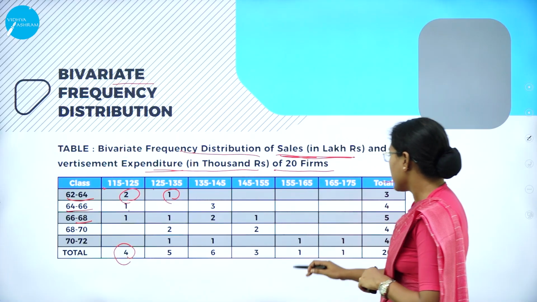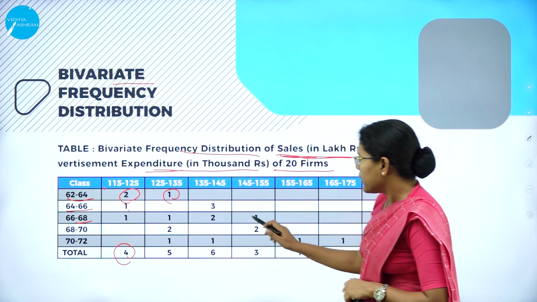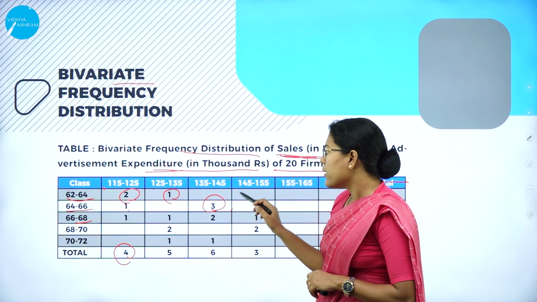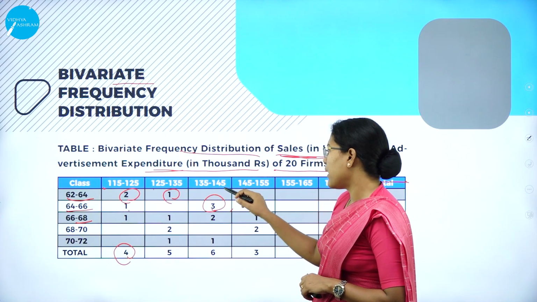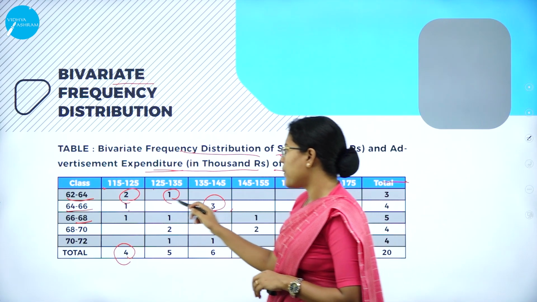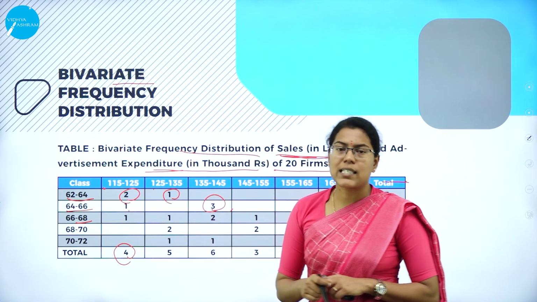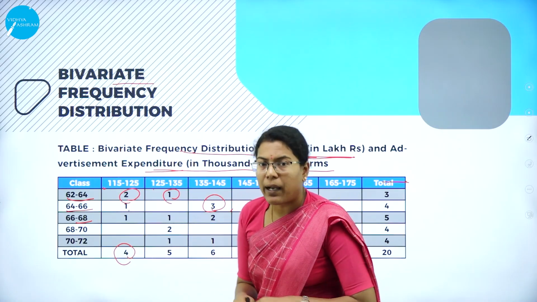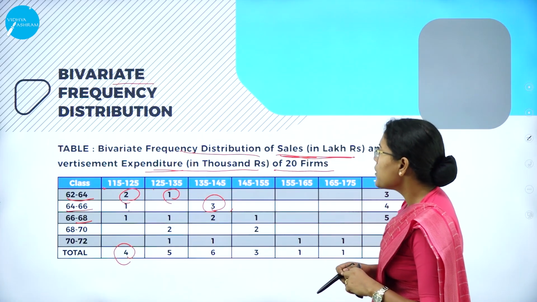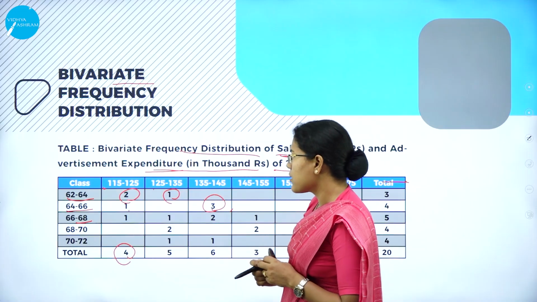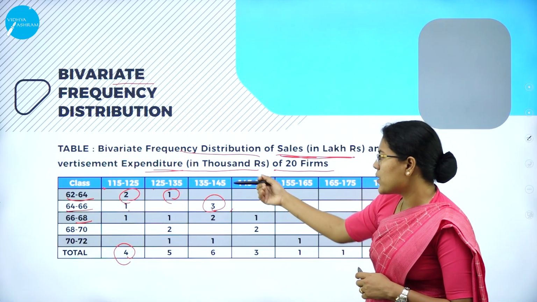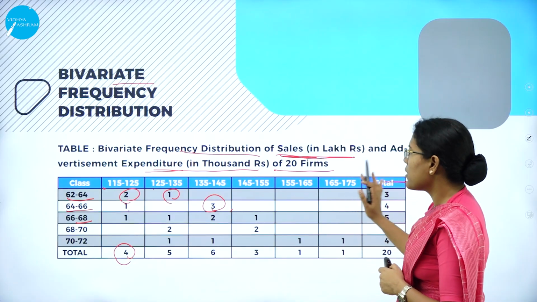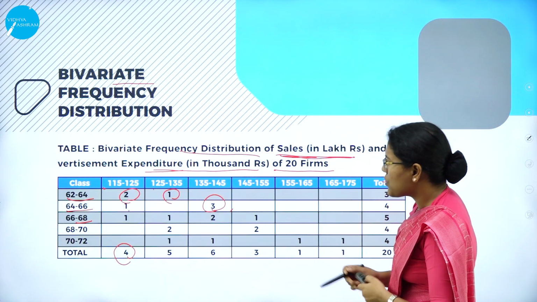Like this, we can say there are 3 firms whose sales are from 135 lakhs to 145 lakhs and who spend 64 to 66,000 on advertising. So in a bivariate frequency distribution, 2 variables are considered and the frequencies are entered like this in a table. So this is bivariate frequency distribution.